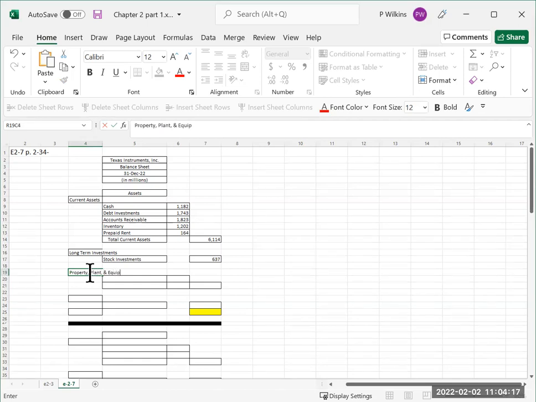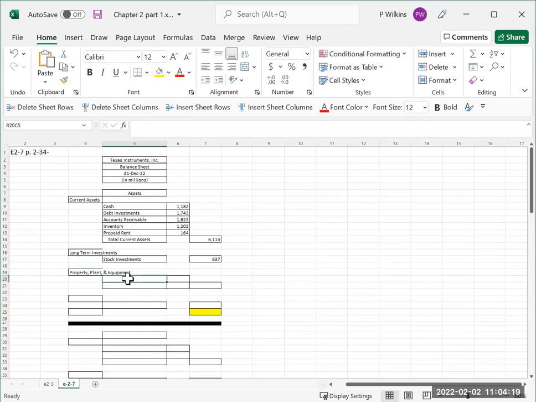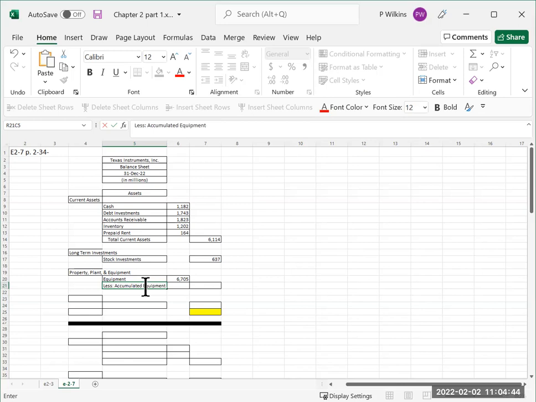Our next section is going to be the property, plant, and equipment, the PPE. And under the property, plant, and equipment, we see that we have equipment. And the equipment is $6,705. And then we have the less accumulated depreciation, equipment.